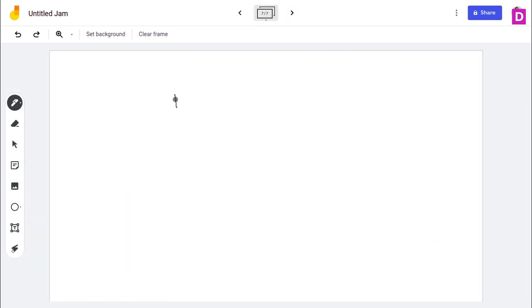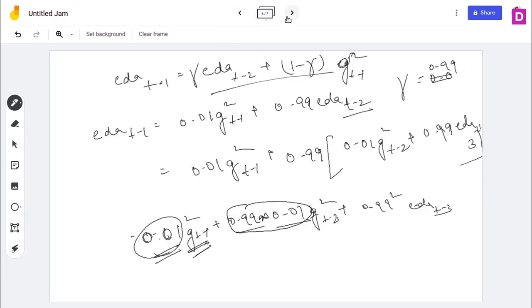So in one way, this is quite similar to the momentum. Since we are not simply adding the squares of the gradients, we are giving them weightage.